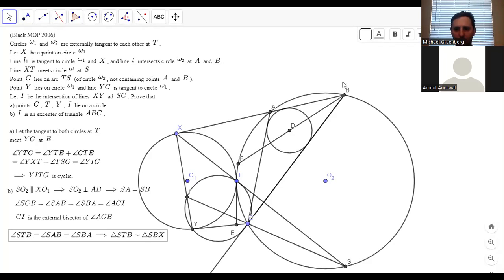So, okay, SI squared is equal to SA squared is equal to SB squared. So I'm going to write that out.